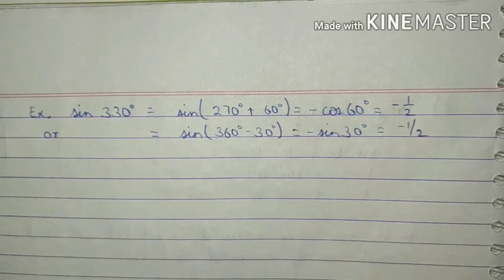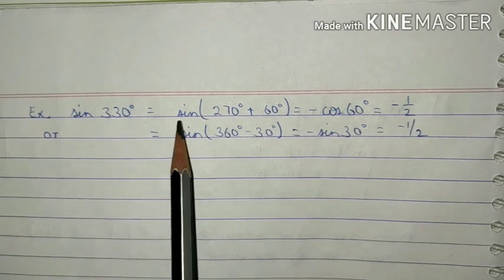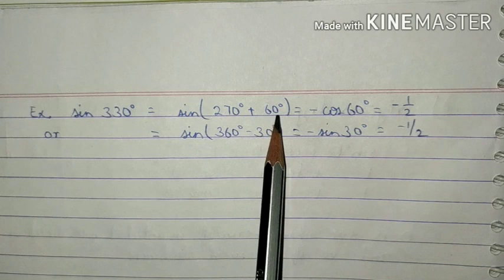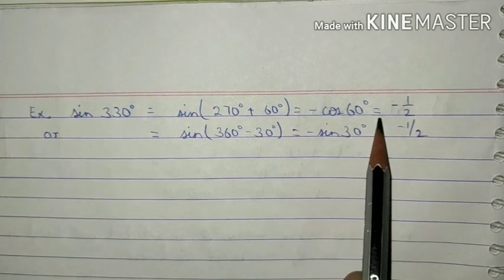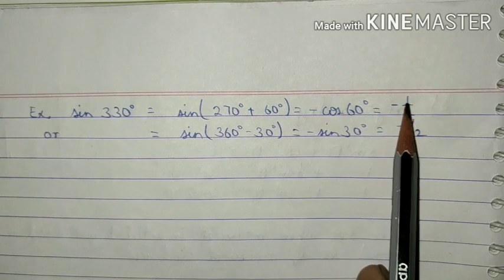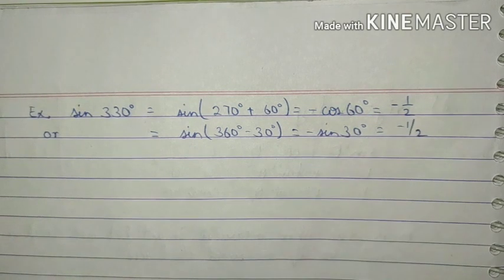Since we already know that sine of 270 plus theta is minus cos theta, what are we observing? That sine of 270 degree plus 60 degree is equal to minus cos 60 degree, whose value is minus 1 by 2.